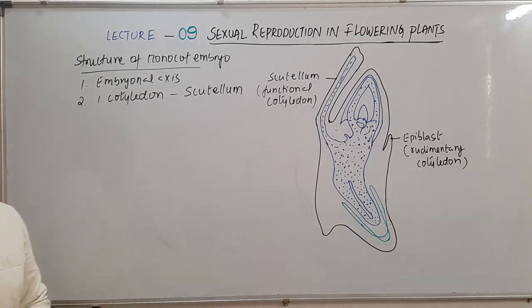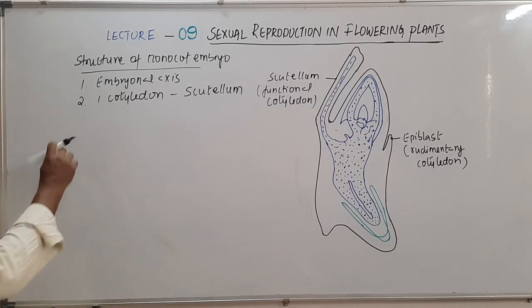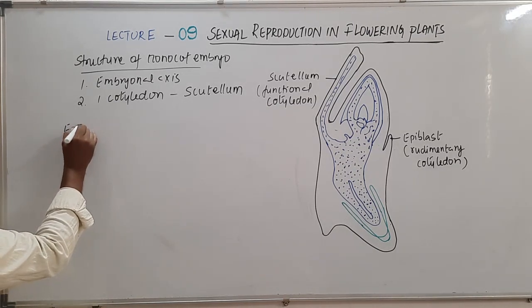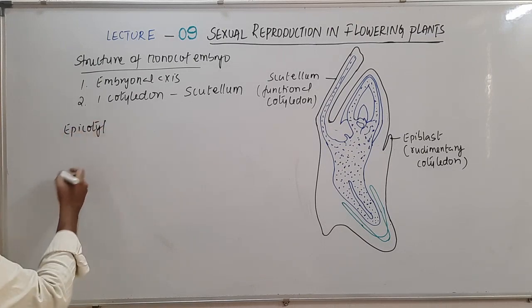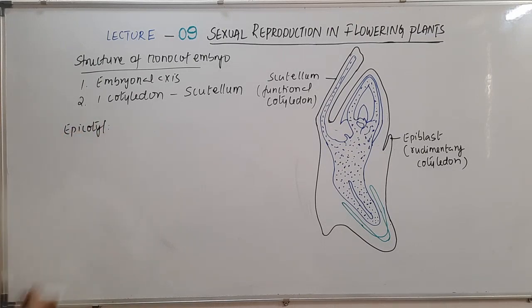Now when we see the embryonal axis of this monocot embryo, we find the epicotyl and hypocotyl regions, just like we have seen in the case of the dicot embryo, right? So this epicotyl portion of the embryo consists of the apex, that's called the shoot apex.